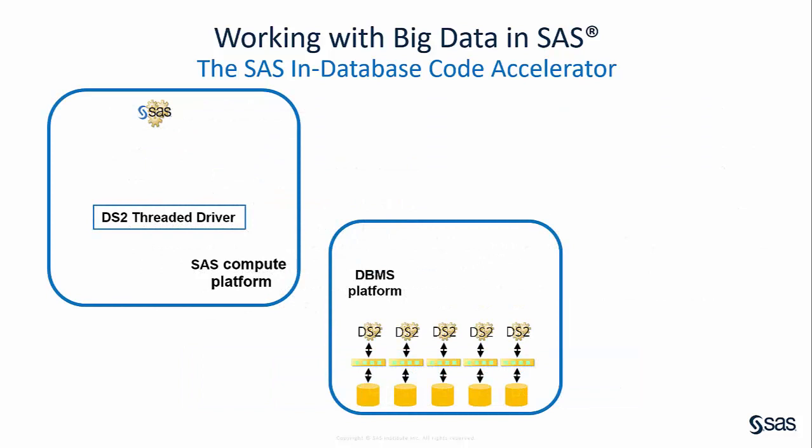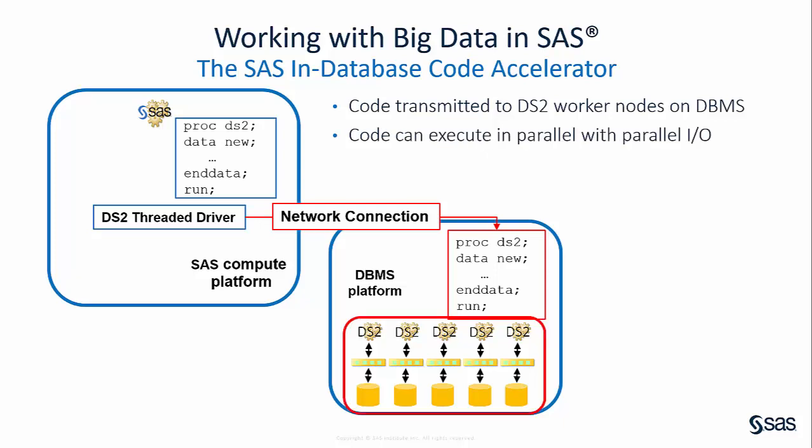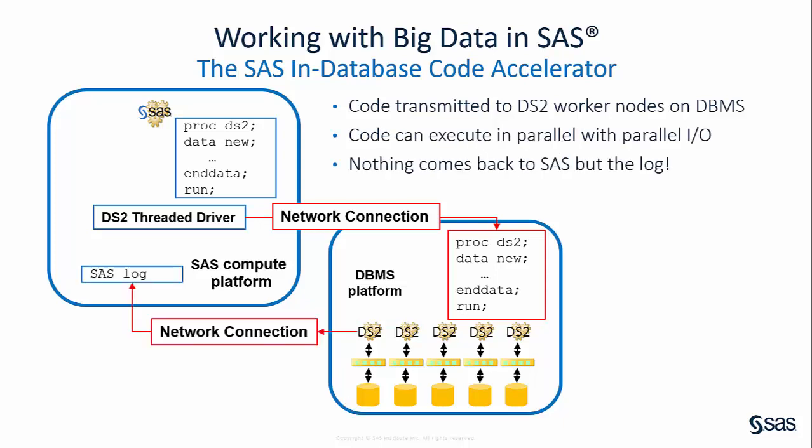So when we have the in-database code accelerator installed, you can see that there's extra software on the database platform. In this case, we pass the code straight in as DS2 code. That executes completely in parallel on the database platform. If you're reading and writing from a database table, nothing comes back to SAS but the log, which is outstanding.